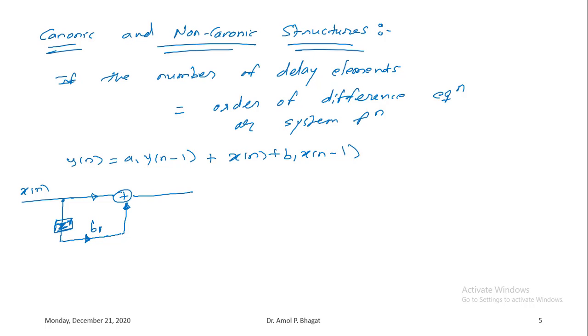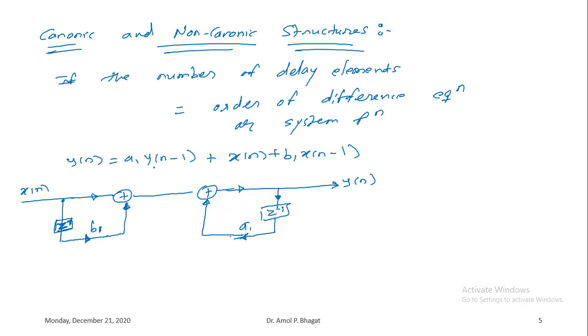Correct. So this can be taken as y of n. So here this y of n should be fed back into the system. So again I will use one delay element here, z inverse. So this is y of n minus 1 which is fed back here. Okay, this y of n is fed back here, so I will multiply it with the constant a1 and I will use one adder here to add it into the overall output, right?